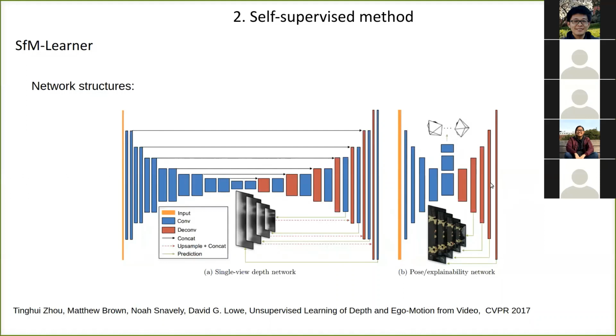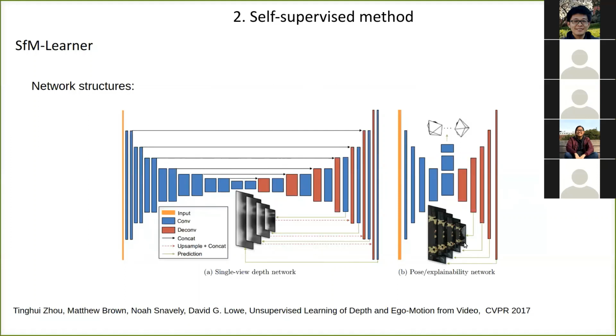Later on, they also estimate a pose and explainability network, which is to exclude some of the pixels which do not fulfill the photometric consistency that we talked about previously.